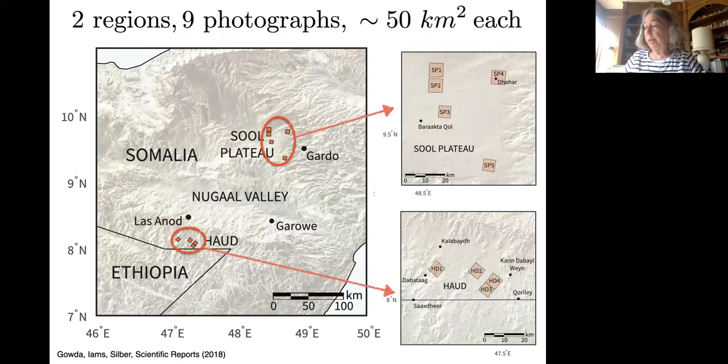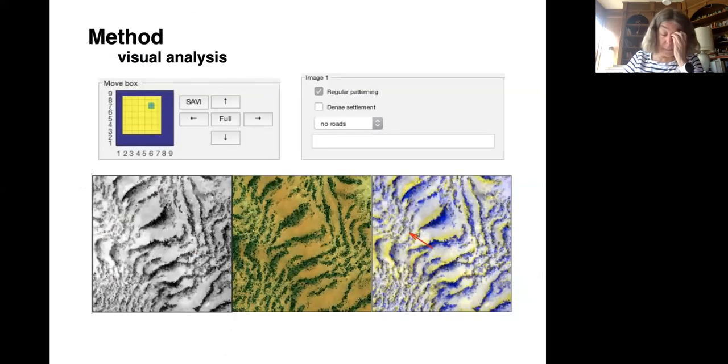Okay, so what Karna ended up doing was taking 9 of these images that he obtained from 2 different regions in Somalia, and he just wanted to look at what's changed, what can I see in these 9 images that are carefully aligned. He tried a lot of things, trying to automate this, and in the end he ended up doing, in large part, a visual analysis of it.